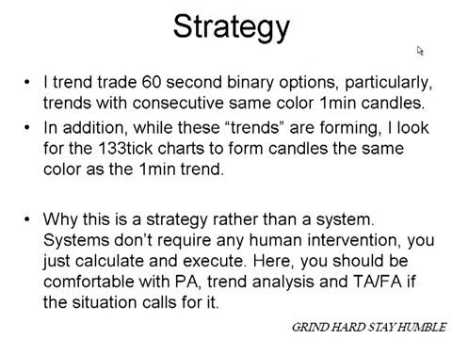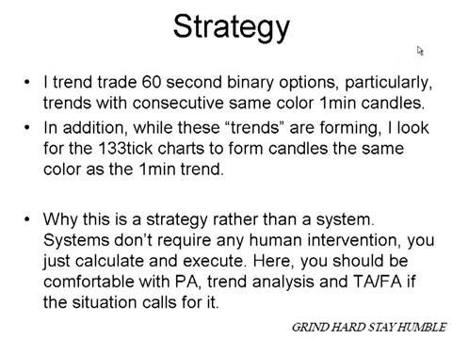So here's the strategy, guys. I trend trade 60-second expiries, and what I'm looking for are consecutive same color 1 minute candles, and while these candles are forming the trend, I look for the 133 tick chart to form the same color candles to reinforce the trend, because this shows that the orders coming in are in the same direction of the trend that's forming.